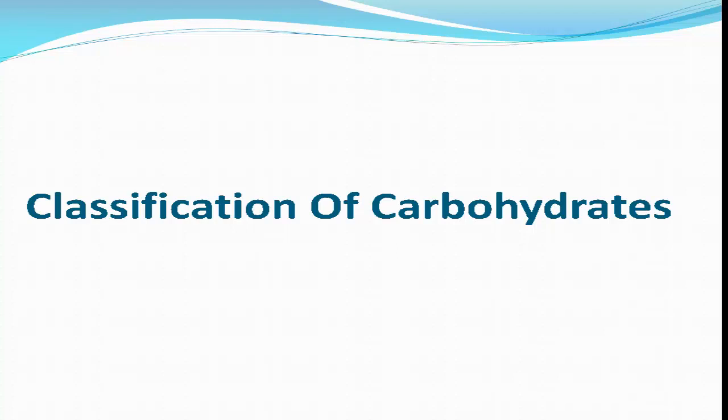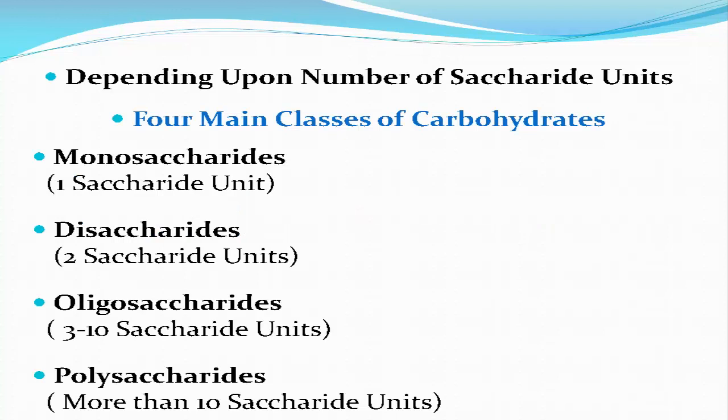So next let us go to the classification of carbohydrates. Now carbohydrates can be classified depending on different factors. The main kind of classification is depending on the number of saccharide or sugar units. That is the definition that we said, that it is the polyhydroxyaldehyde or ketone.